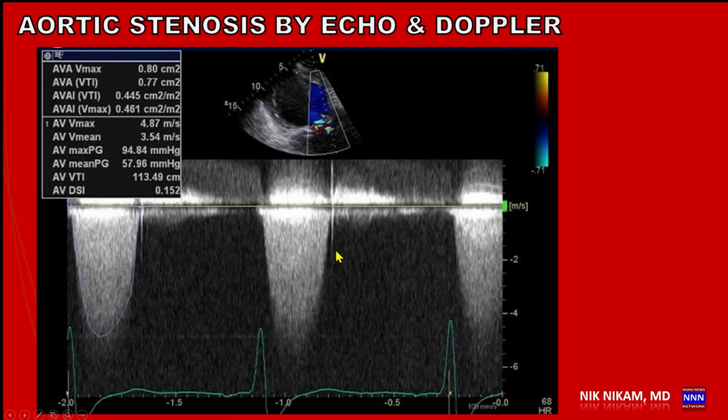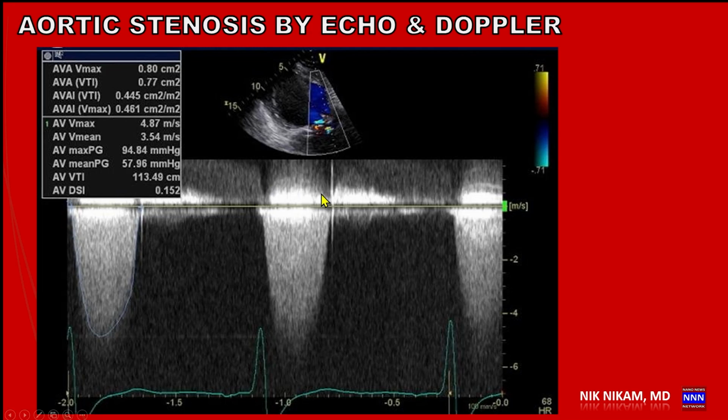Here's another example of 4.87 meters per second and a VTI of 113. Is this a severe aortic stenosis case? I'm just basing it on the velocity, the mean gradient of 57, and the VTI. Based upon these three numbers, I would say we are dealing with a severe aortic stenosis.